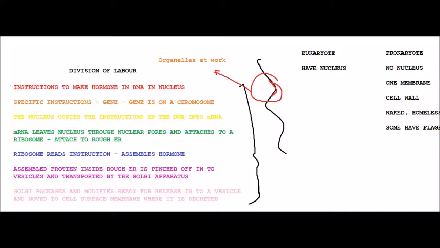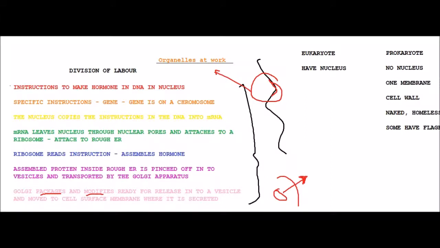So as we learned in the last video, the Golgi modifies and packages the proteins into little vesicles so they can go and be secreted outside the cell to do some kind of hormonal process in this example here that's given by the textbook.